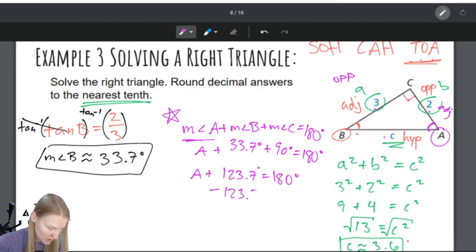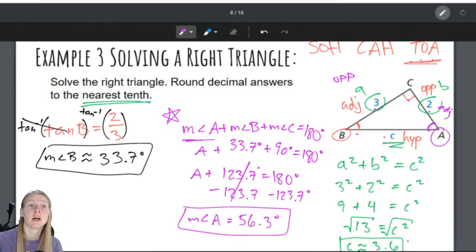If I just subtract 123.7, I am going to get that the measure of angle A is equal to 56.3 degrees. So we can just use the triangle sum theorem. We can just add the 90 and the 33.7 together and minus it from 180. And we can do it that way instead of doing trig.